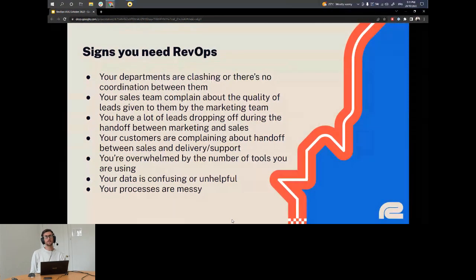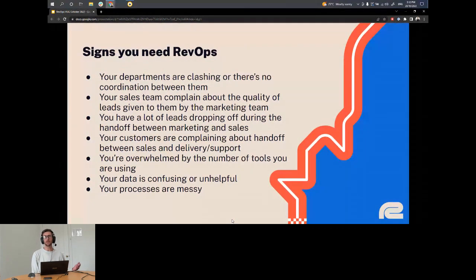Speaking of data, RevOps is a good idea if you find that every department in your business uses their own metrics and their own data. If there's no communication between the teams and they all sit on their own knowledge, that's when you want RevOps. An example would be your customer team knowing all the pain points of your customers, but the marketing team does not know that.